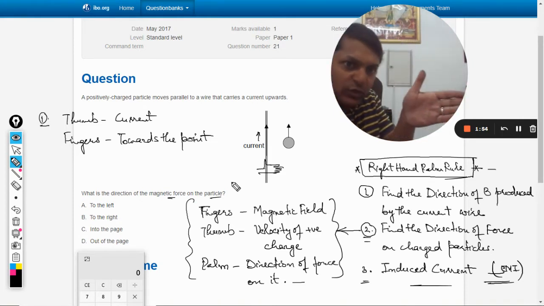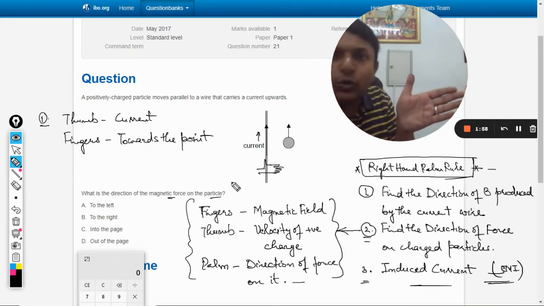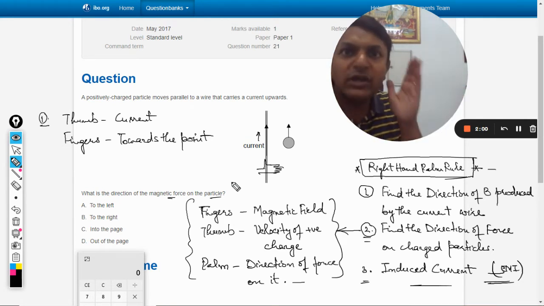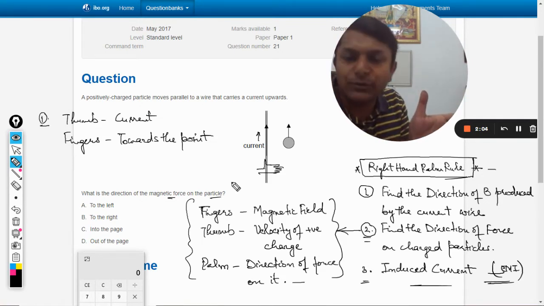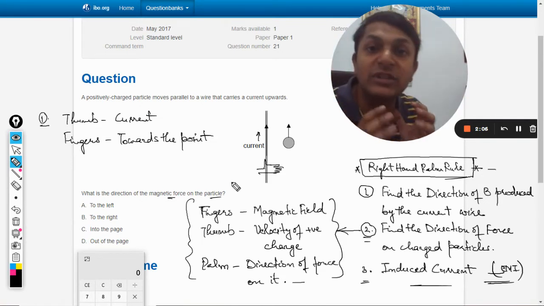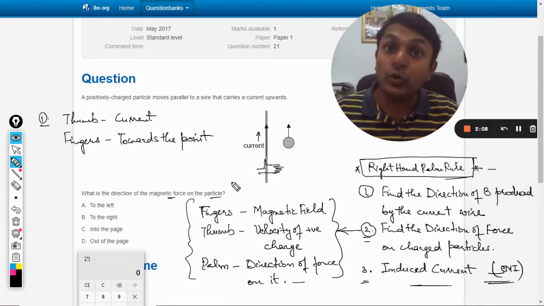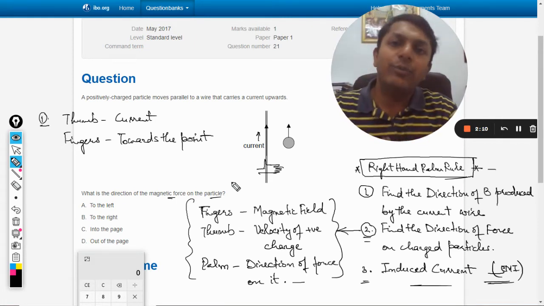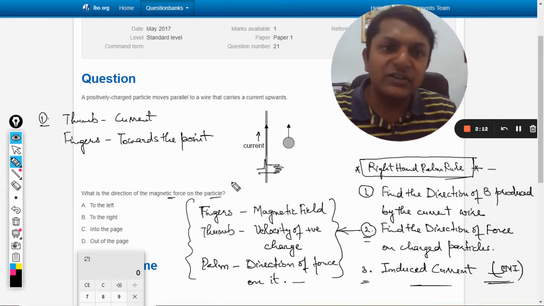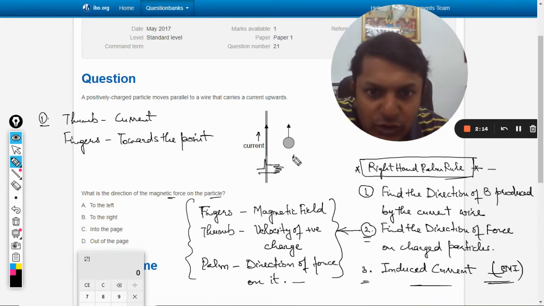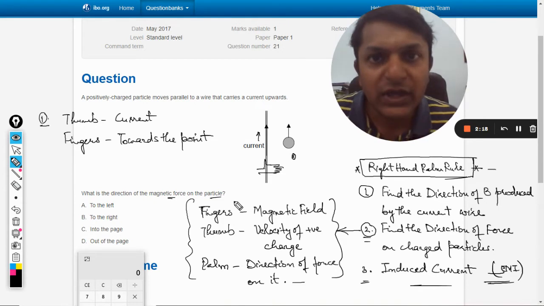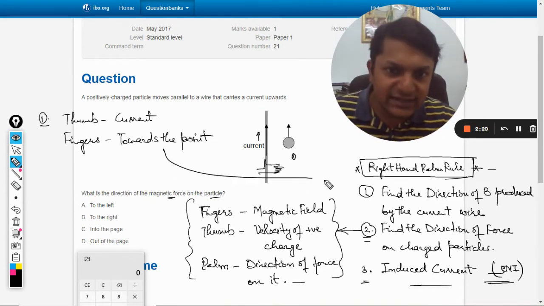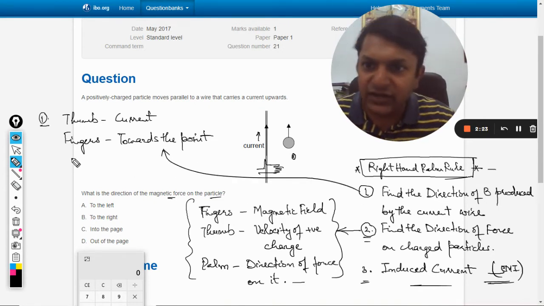So my palm is pointing towards you, towards the laptop screen. So I can say the magnetic field is going into the plane. The magnetic field here is into the plane of the paper. This is type 1 we have applied here.